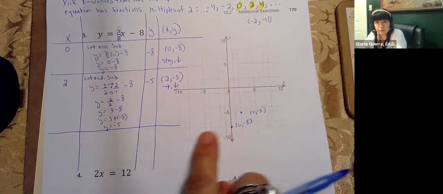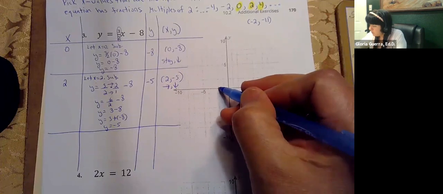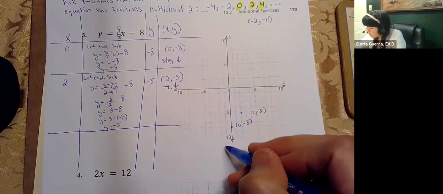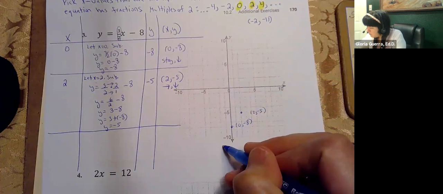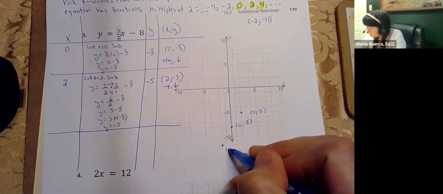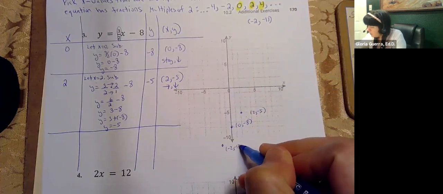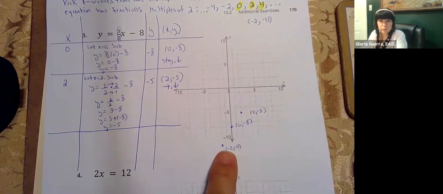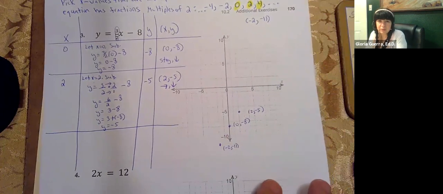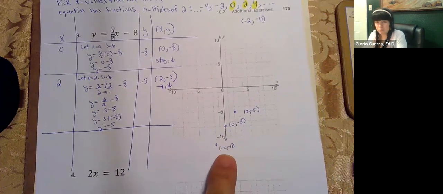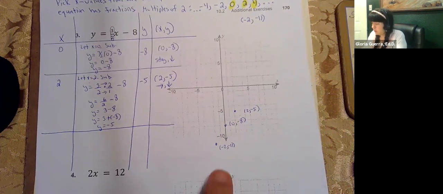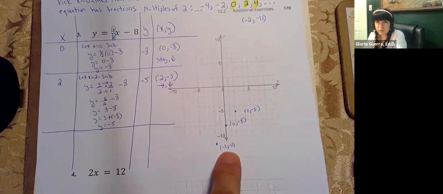You see that goes off your grid. -2 is out here, and then -11 is somewhere down here. So that's -2, -11. But in your Hawkes Learning, you won't be able to plot that. You're limited to 10 by -10. So even though your algebra is correct, you won't be able to use that.